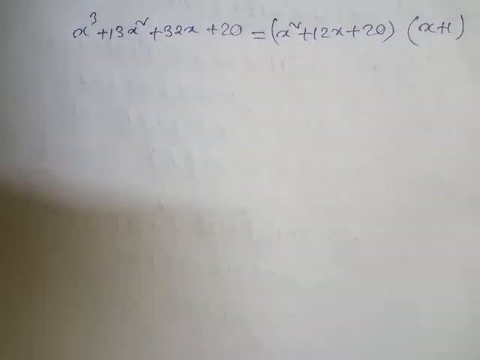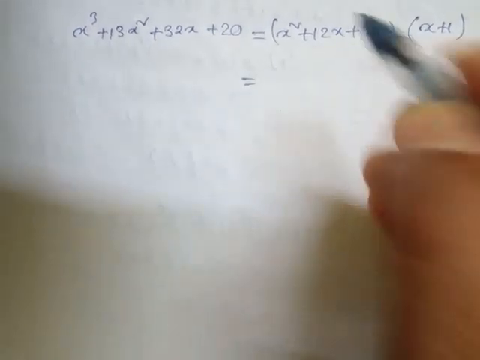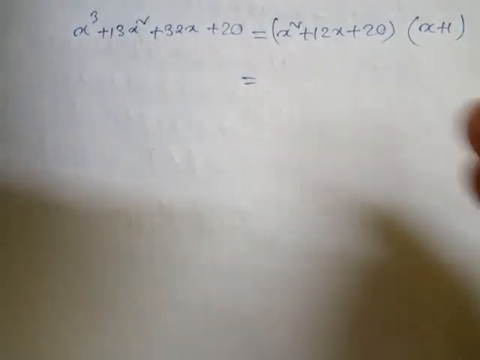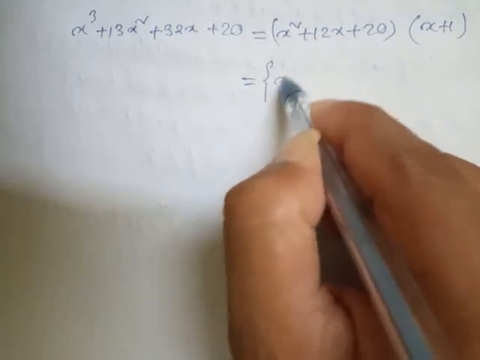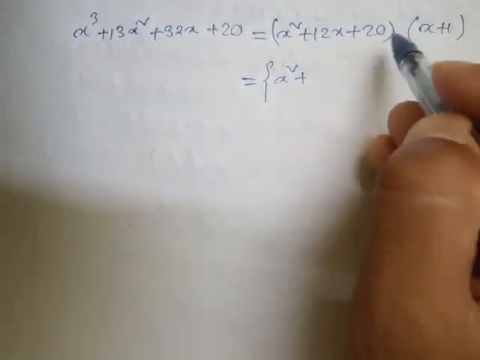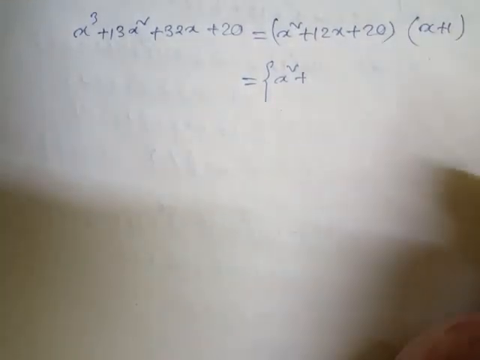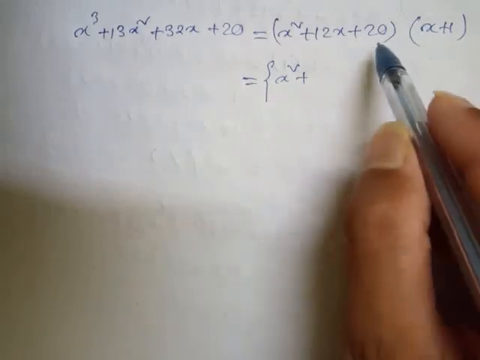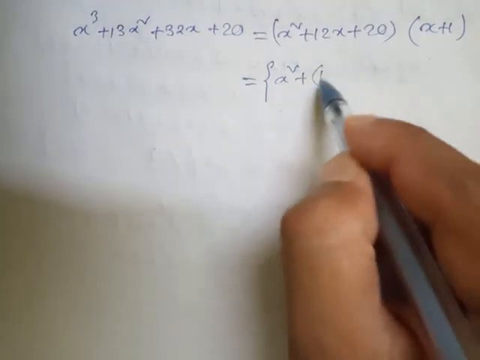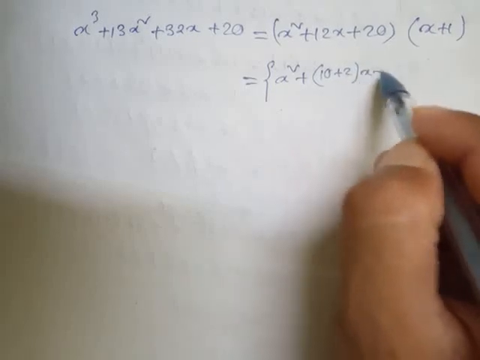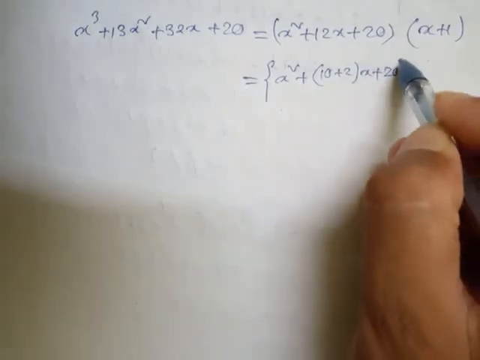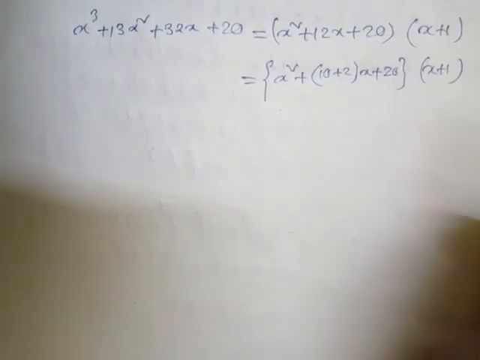Now look students, this will go for the middle term factorization. Now x square plus 12x plus 20. How to solve this, students? There is 20, so we can write here 10 plus 2 is 12, and 10 times 2 is 20.